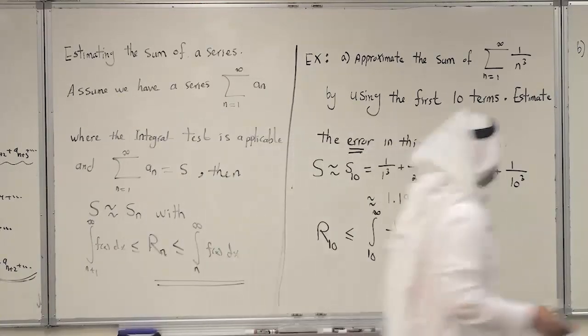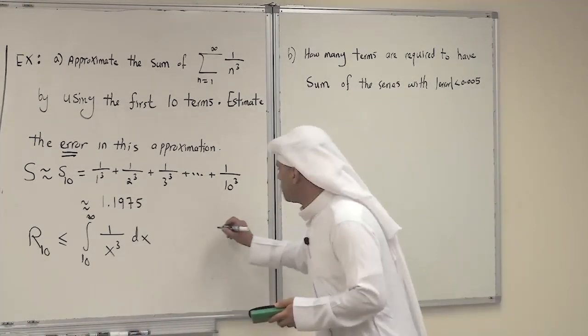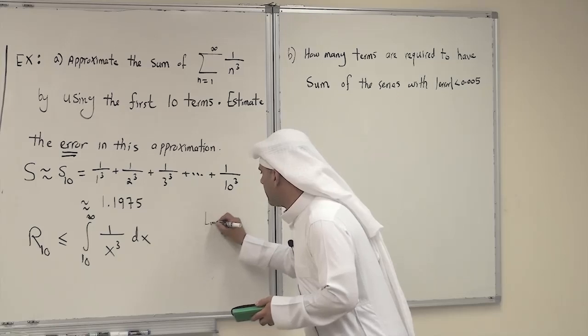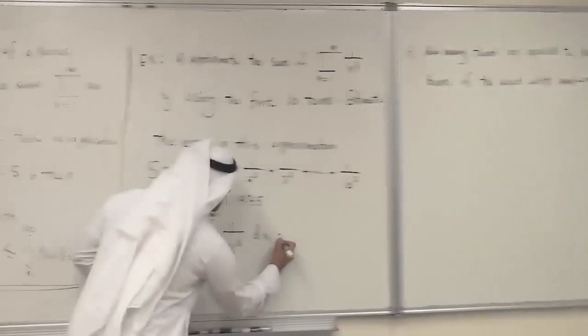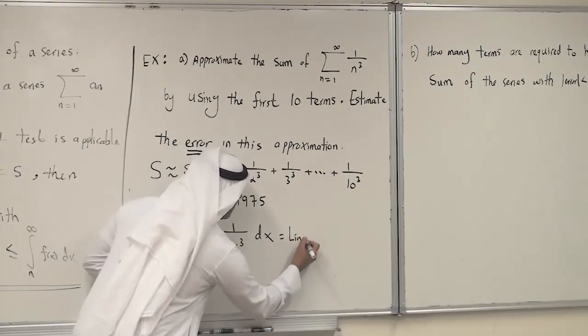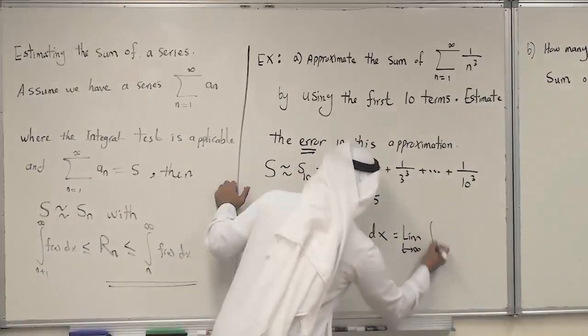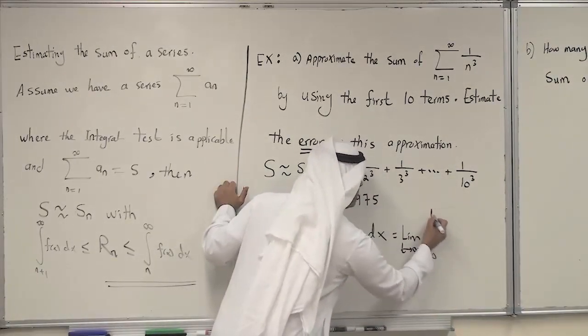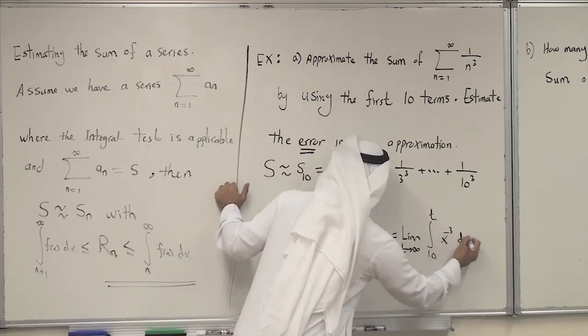Okay, so let's calculate this integral now. How to calculate the integral? We need to go back to the definition of an improper integral. Now we know that this is convergent, so we can directly say that this is equal to the limit as t goes to infinity. We replace that infinity with t, and we integrate x to the power minus 3 dx.